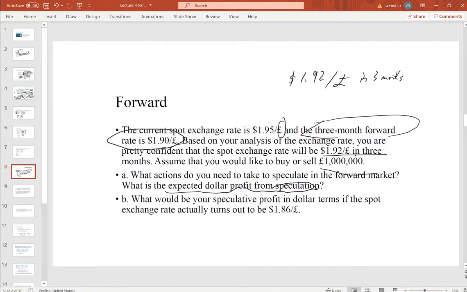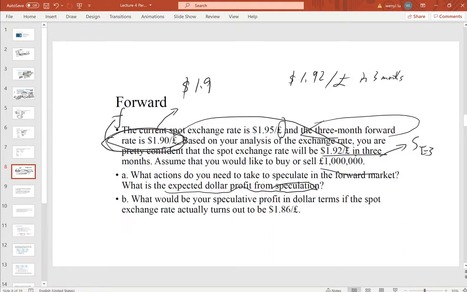So this is the forward rate. This is the spot rate in 3 months. So you can see the difference, right? That's how you make a profit. You sign a contract in advance, and based on the contract terms, you can get the pound by paying $1.9 per pound.